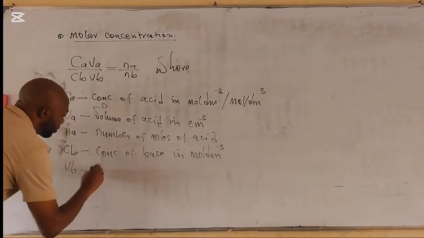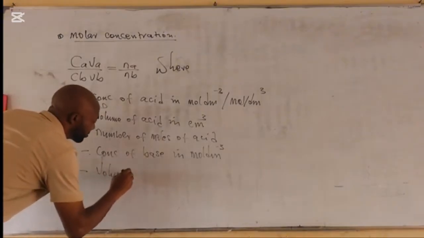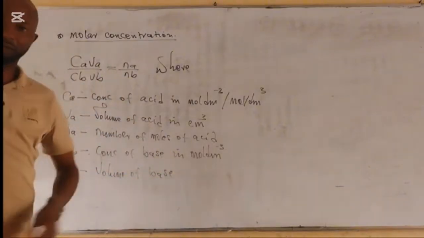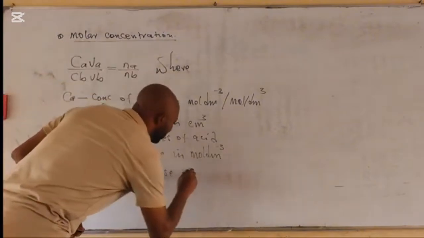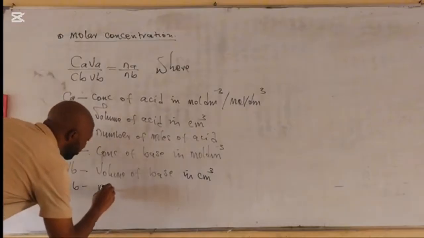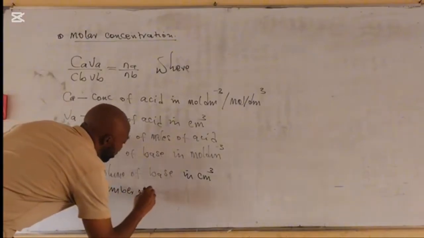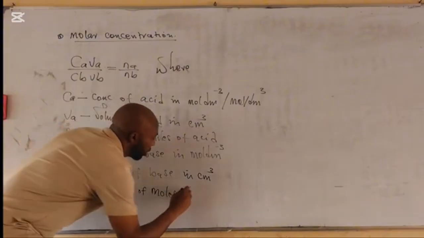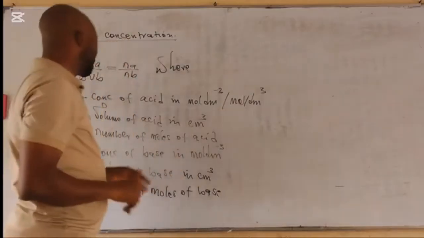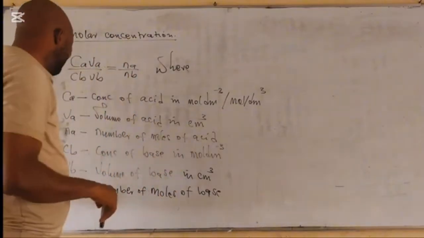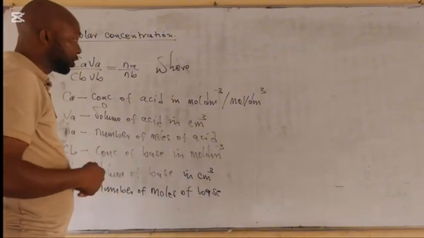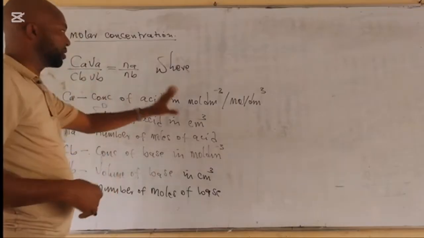VB, volume of base in cm cube. NB is number of moles of base. Now, NA, number of moles of acid, and NB, number of moles of base, don't have a unit. So that is how that goes. This is what these variables mean.